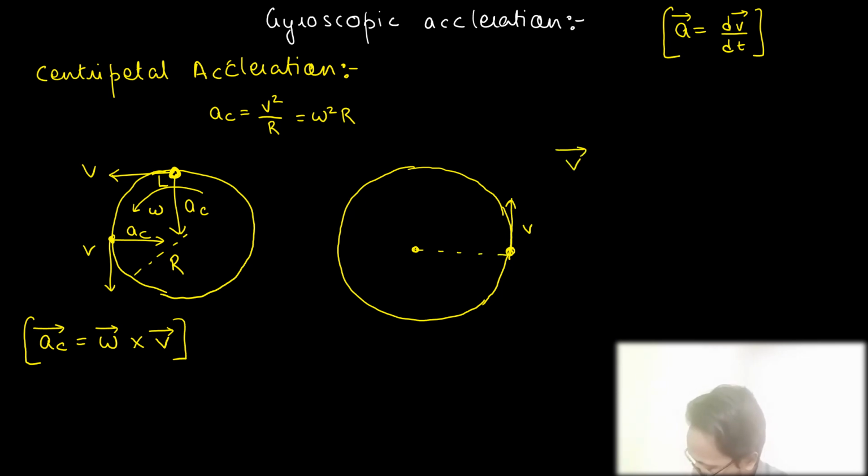For that instant, the particle is rotating with angular velocity omega. Is the omega constant? It might or might not be. If the angular velocity is constant, the magnitude of centripetal acceleration will always be constant. If the value of omega is not constant, or the value of v is not constant, the magnitude of centripetal acceleration will vary from time to time.